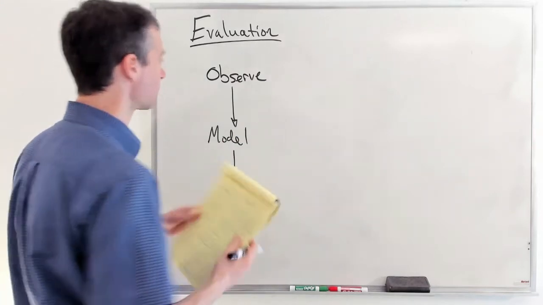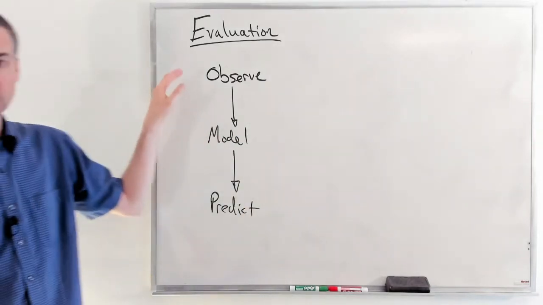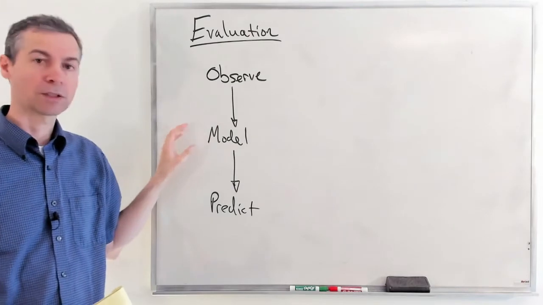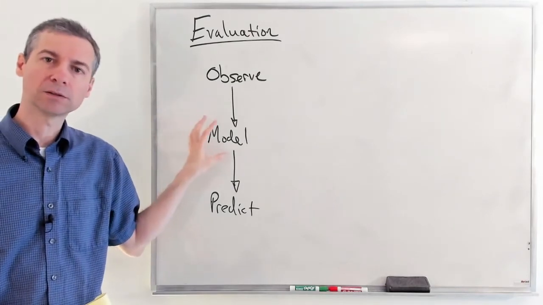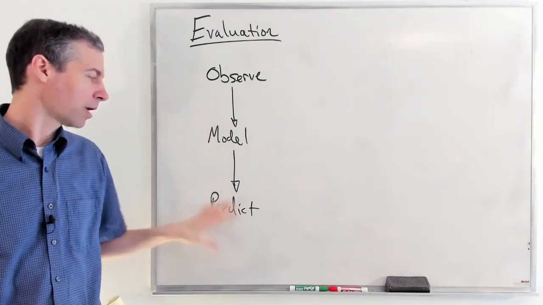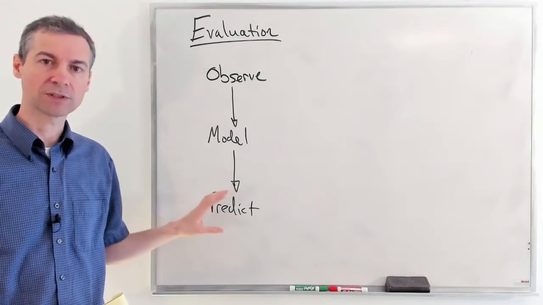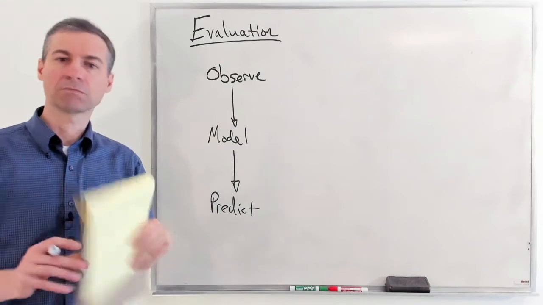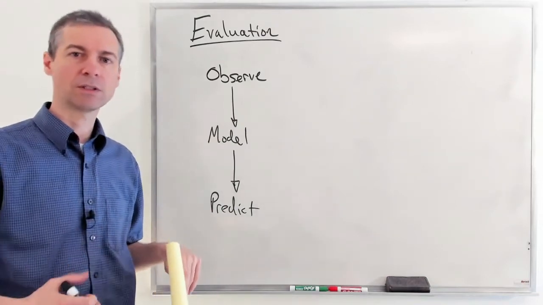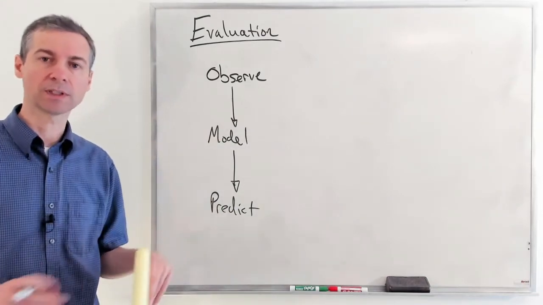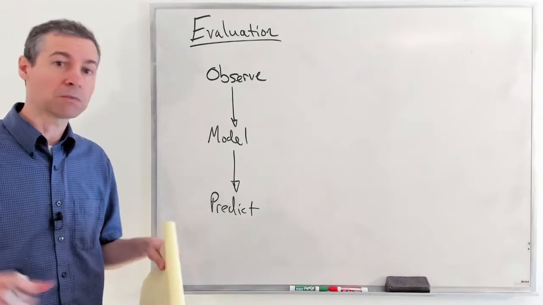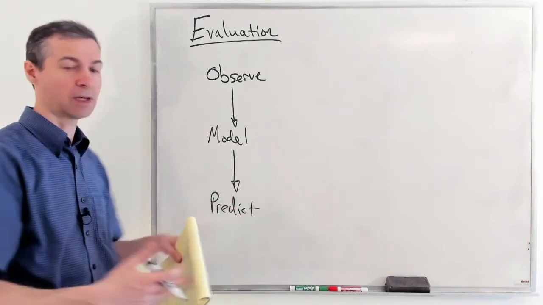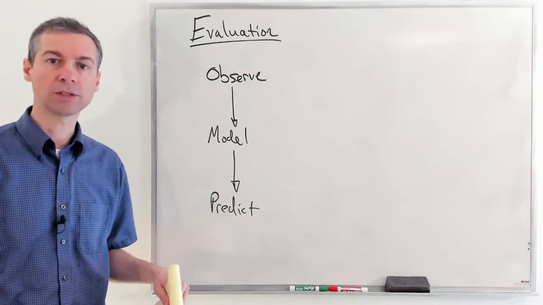Those three things were: you observe the system, you create some sort of model of it, and then you use that model to make predictions. The idea is that once you have this model, you can change the ranking algorithm and see what you predict the change in quality is going to be.